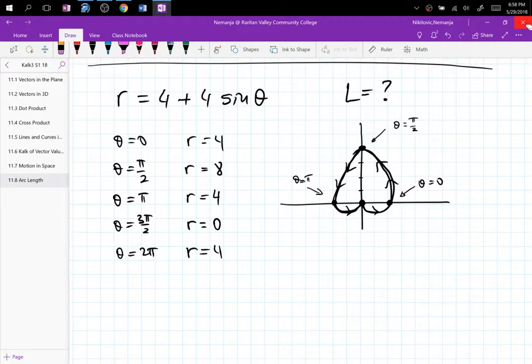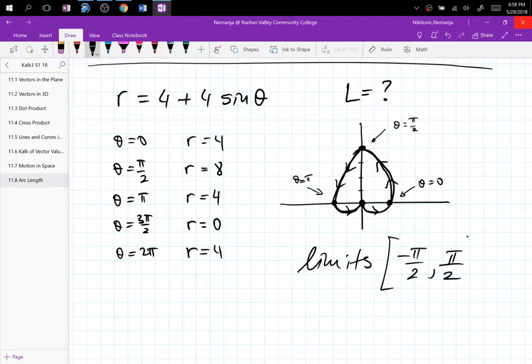So this cardioid will tell us that the limits are again negative pi over 2 to pi over 2. How do we know that? You take half of a heart. So we're integrating in terms of y. You take half of the heart and then you will double it later.